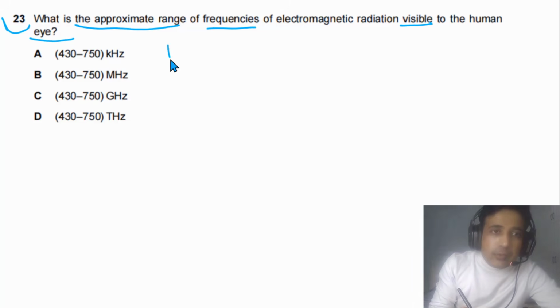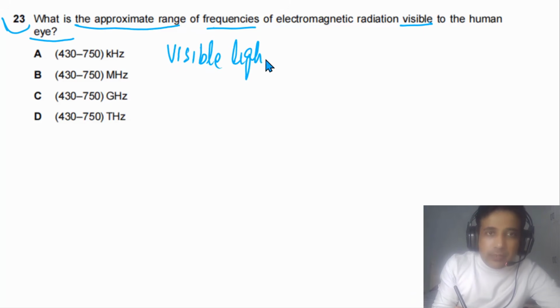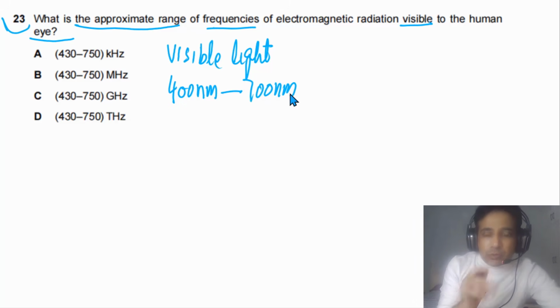But we have approximate range of wavelength of visible light. So we can write down visible light and approximate range of wavelengths. Wavelength of visible light is about 400 nanometers to 700 nanometers.